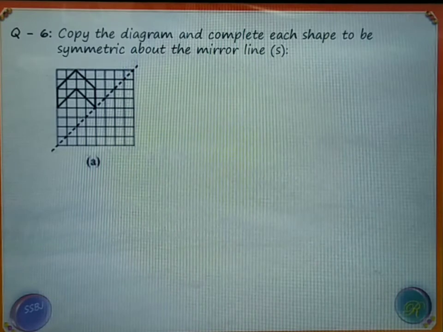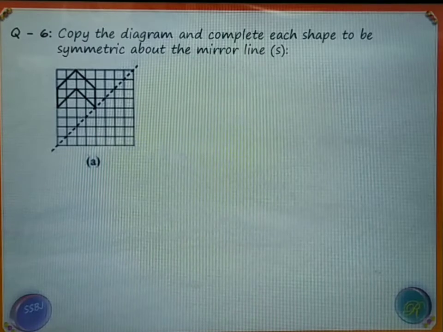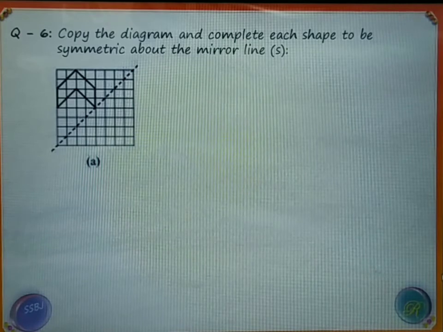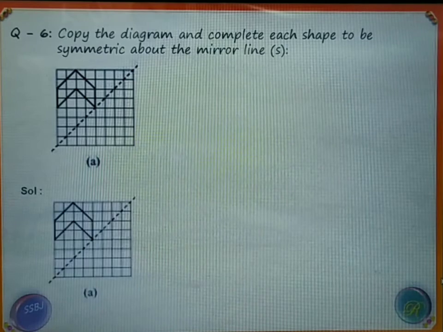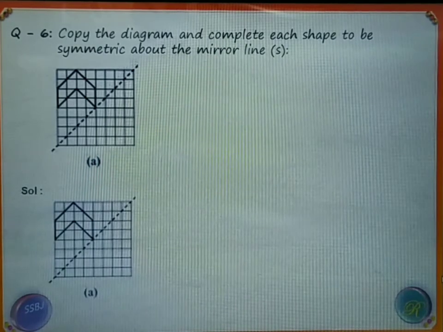Question number 6. Copy the diagram and complete each shape to be symmetric about the mirror lines. Figure A. Solution. Yes, we can complete the figure like this.